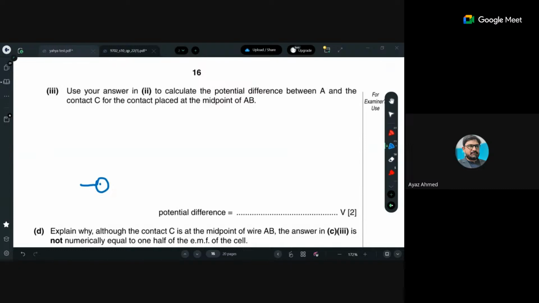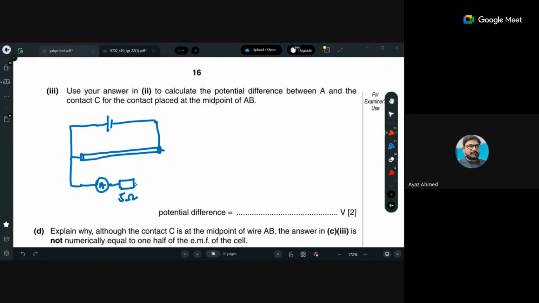This is an emitter, and this is basically that 5 ohm resistance, because we don't have the resistance of this wire. That is the problem. If we had the resistance of this wire, it would be fine to use the formula V equals IR.